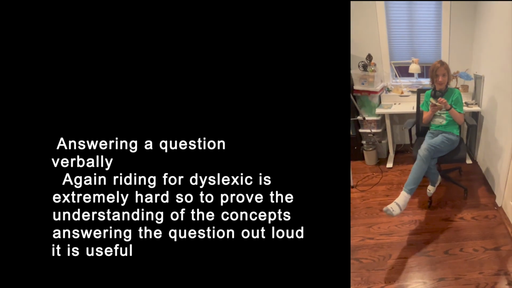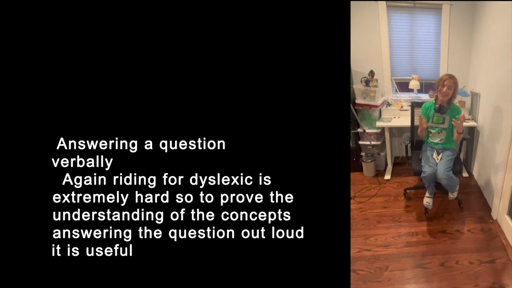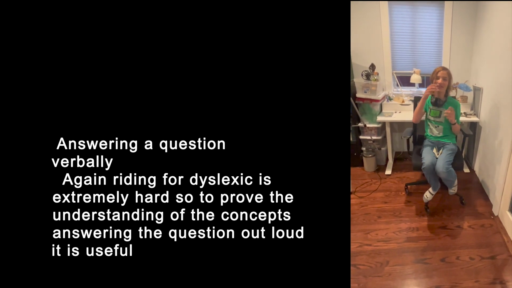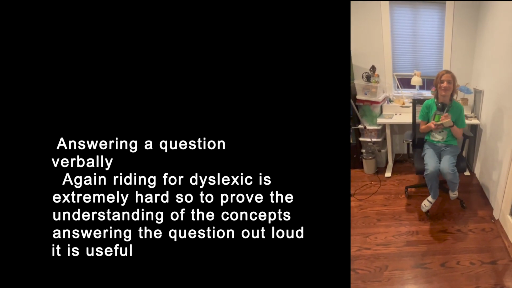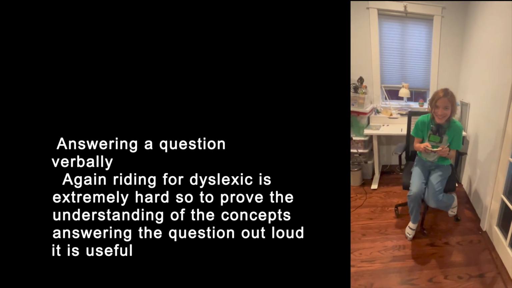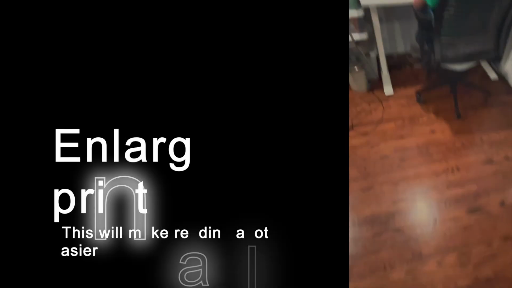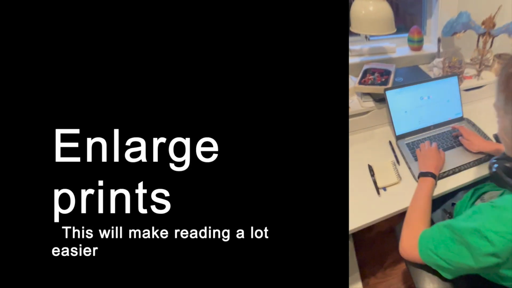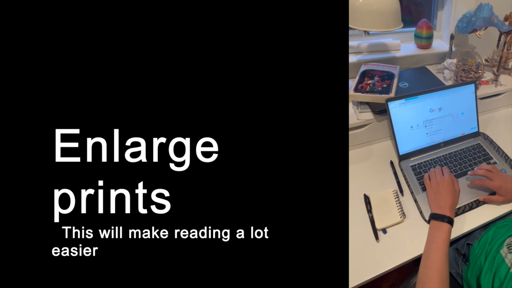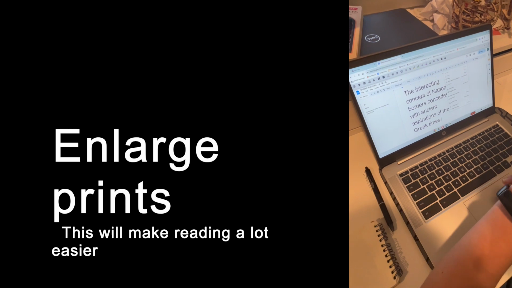Answering questions verbally sometimes helps dyslexics because it's easier to explain the concepts of the assignment out loud than in writing, where the disability might impair their abilities. Large print just makes it easier for dyslexics to see the page.